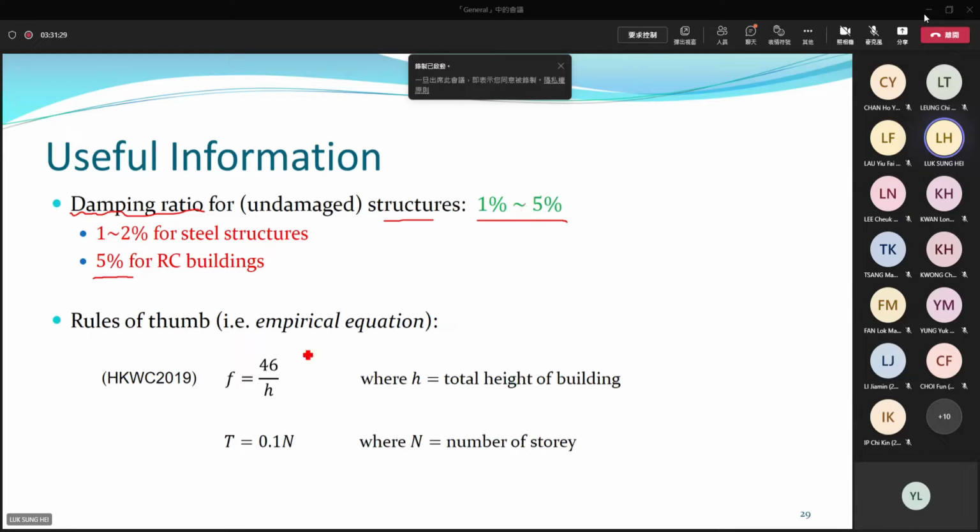The second point shows you some rules of thumb, that means some empirical relationships. In the notes, I showed you how to calculate period or natural frequency, right? You can calculate period or frequency using stiffness and mass of a building.